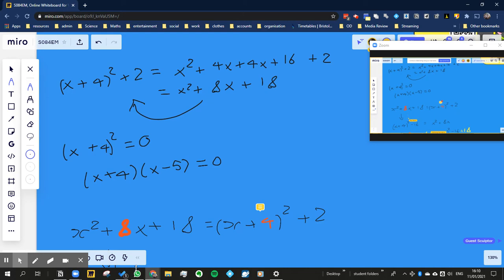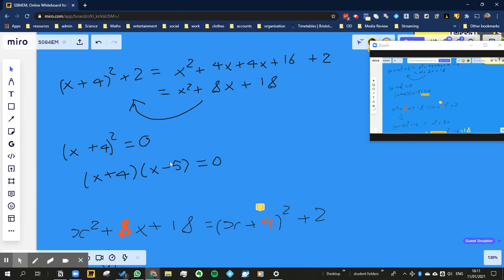Otherwise, there's no other way of the two of them multiplied together being equal to 0. So this would lead to the solution of x is either equal to minus 4 or x is equal to 5, right?